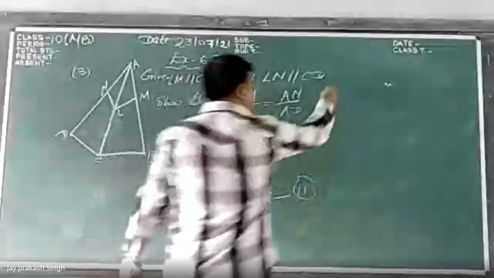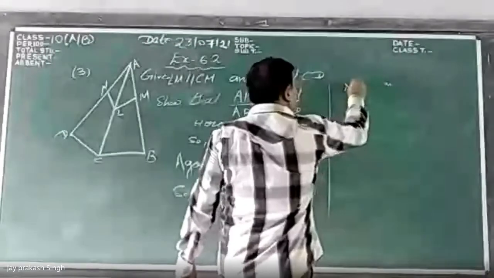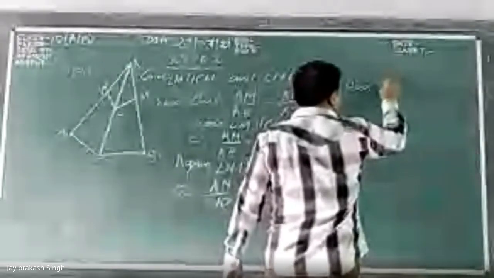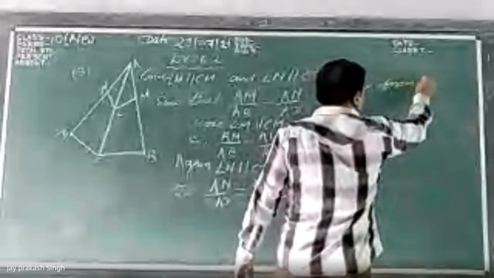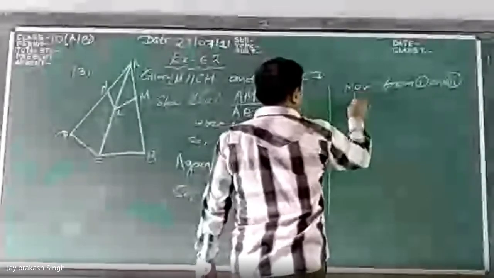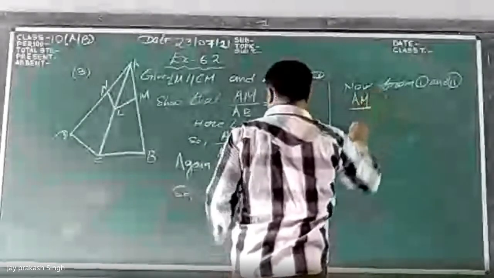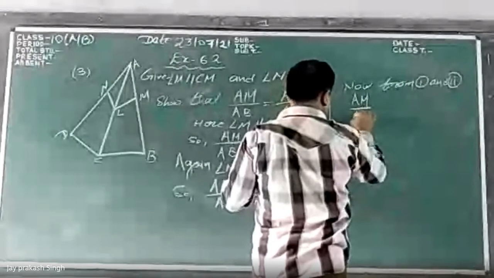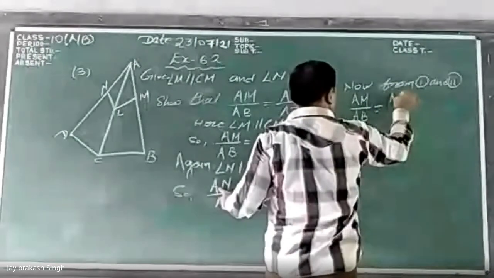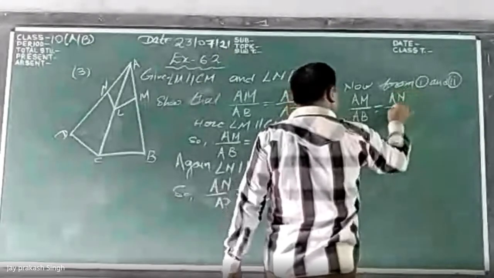Now from 1 and 2, that is AM by AB equal to AN by AD.